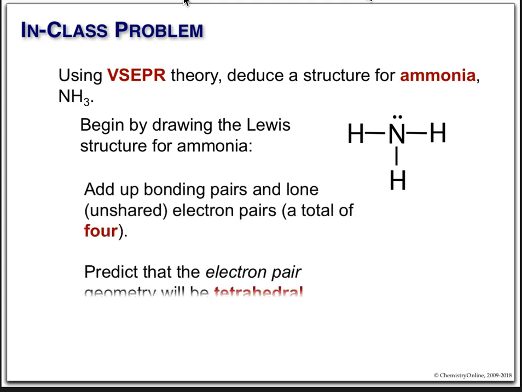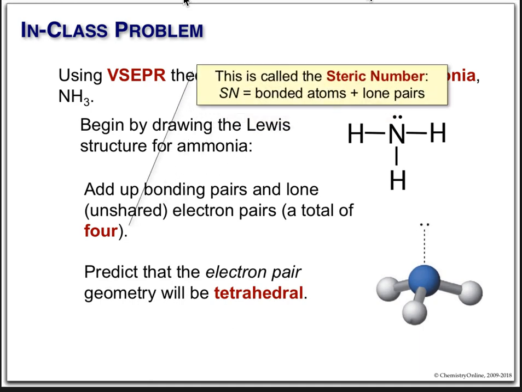Therefore, it's going to look like this. The lone pair is going to be one of the corners of the tetrahedron, and these 3 things pushed out. As far as looking at this, we would say, gee, kind of looks like a little tiny pyramid, and it does. It's pyramidal structure. But as far as electron pairs goes, it's tetrahedral.